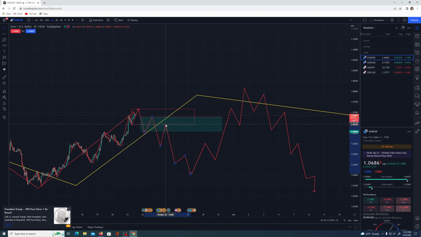So what can we do, right? We can expect maybe price to come back to the 50% of this one, because now our block is no longer this one. Our supply block is this one, right? And this is the same setup, 50% of that.